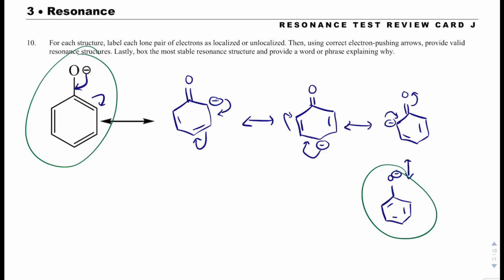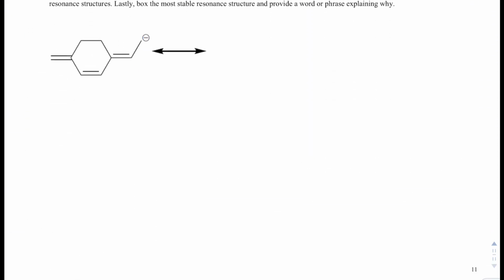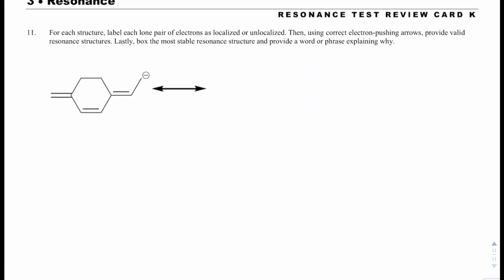Okay, our last one. This one's a little bit weird. This is where we see a negative charge. I can tell you that first structure is going to be the most stable. Why? Because it's a negative charge, and negative charges are most stable on lower substituted carbons.